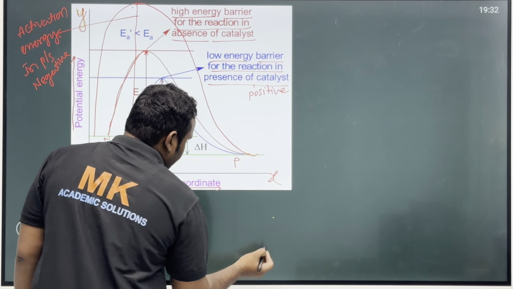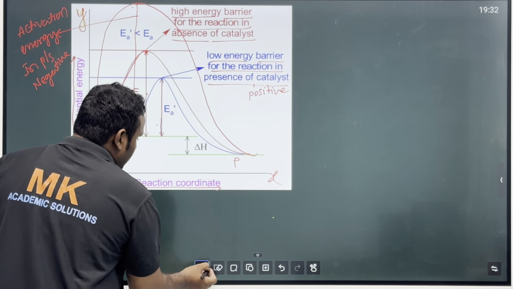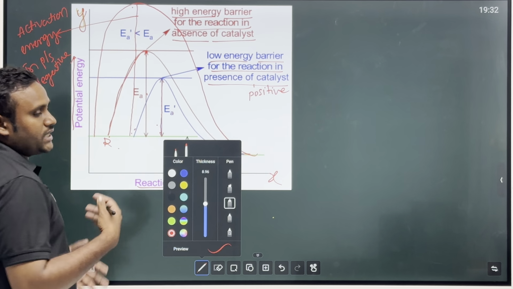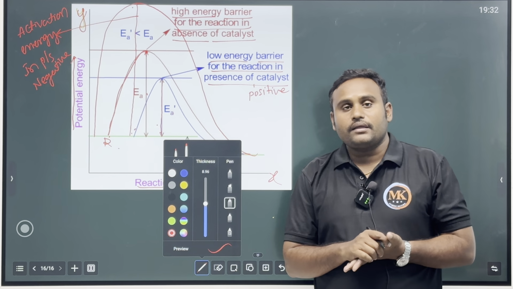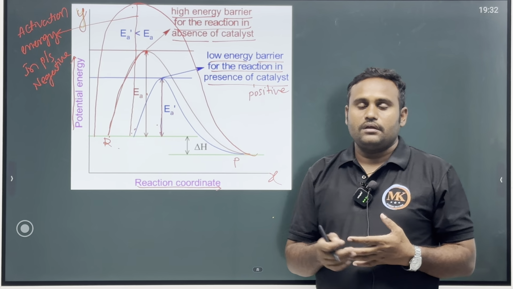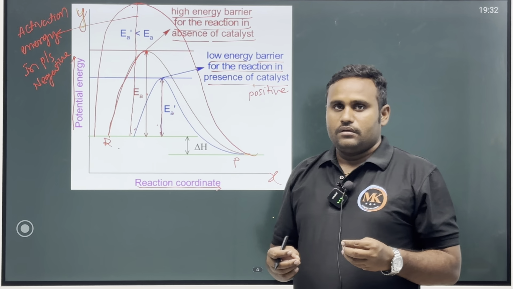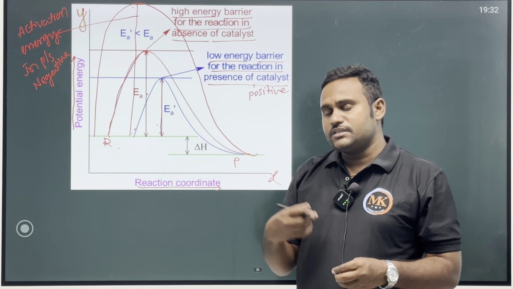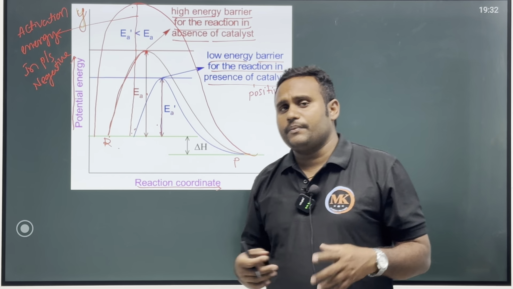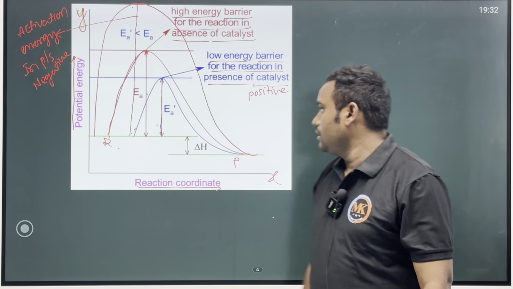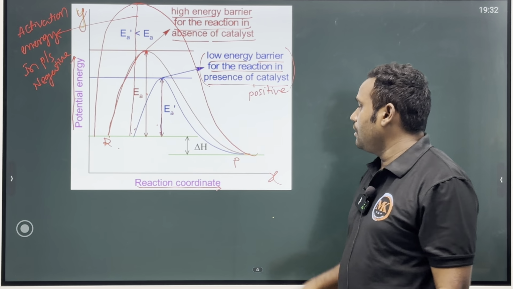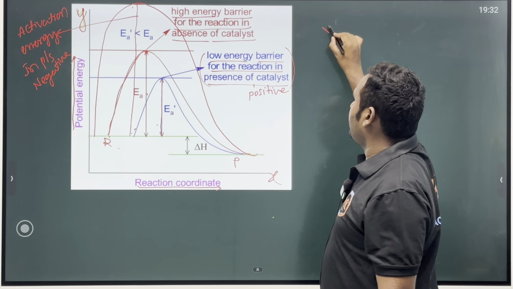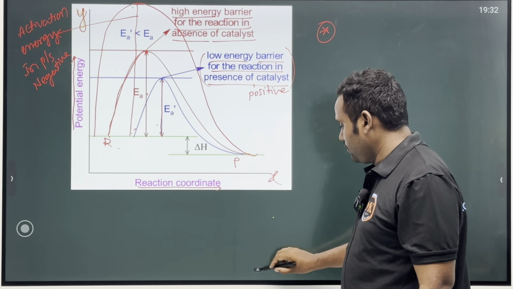Okay, so now let us take the Arrhenius equation and calculate the activation energy in the presence of positive catalyst and without catalyst. Now let us take the two situations. What is the Arrhenius equation, children?